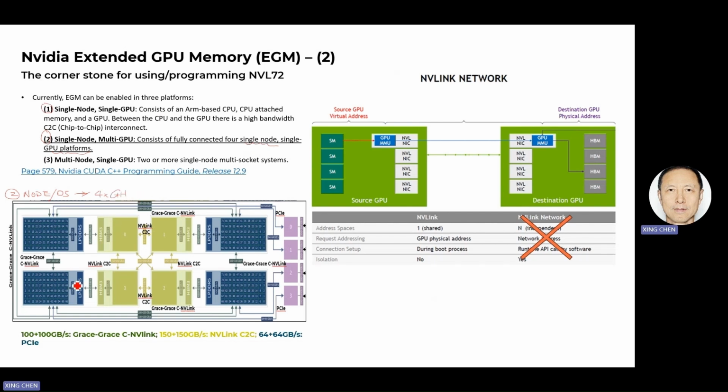Okay, and here is exactly what we have. You have one superchip, you have another superchip, you have the third superchip, you have the fourth superchip, and then you have 4 fully connected type 1 systems. You have 4 fully connected superchips. This is the type 2 system.